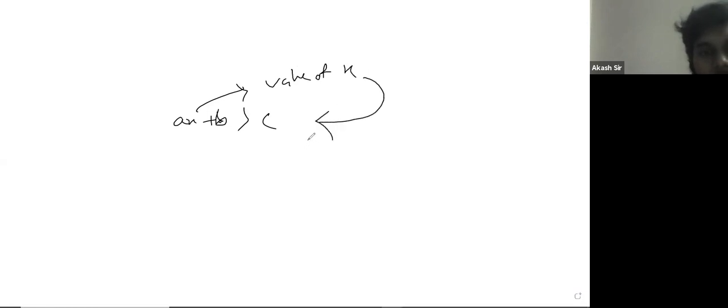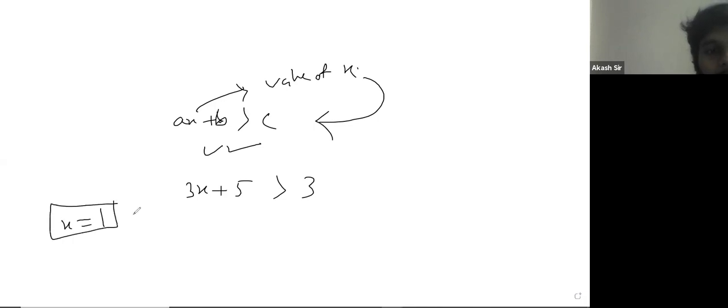So what is the solution of a linear inequation? The solution of a linear inequation is the value of x which satisfies it. That means if you put that value of x, then it holds true. If I write 3x plus 5 should be greater than 3, and I put x equals 1, this becomes 8 greater than 3.